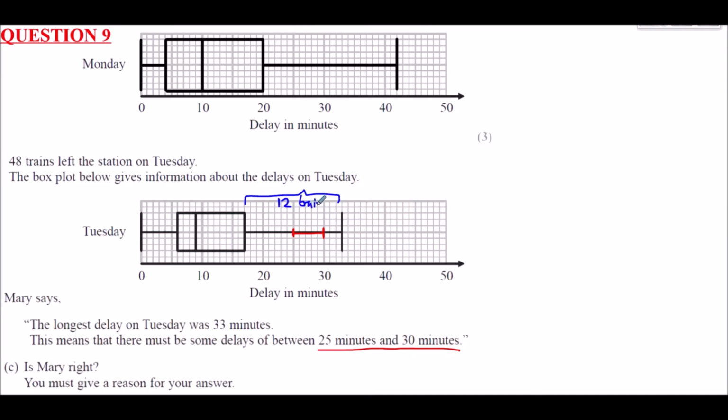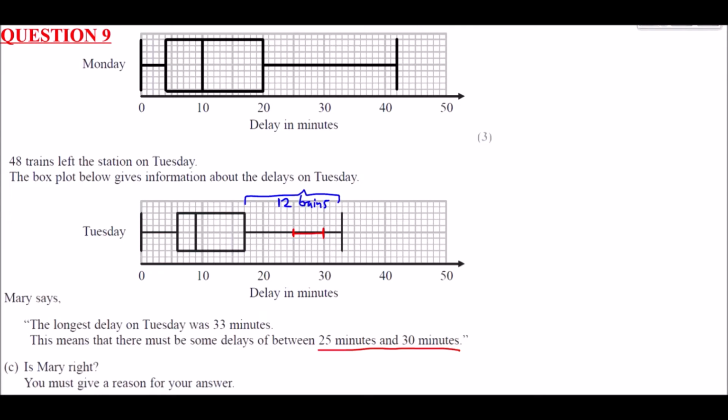So the 12 most delayed trains must be delayed for somewhere between more than 17 minutes, but less than 33, or no more than 33, I should say. But why should any train necessarily be delayed between 25 and 30 minutes? I mean, maybe they were, but how can she know that? Do they have to be delayed in those times?